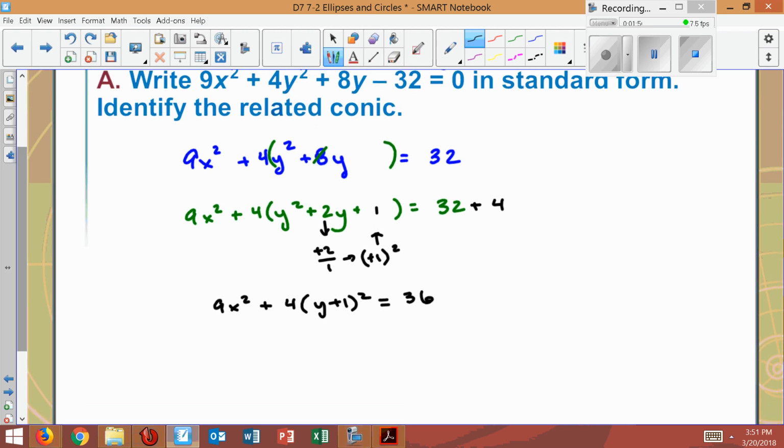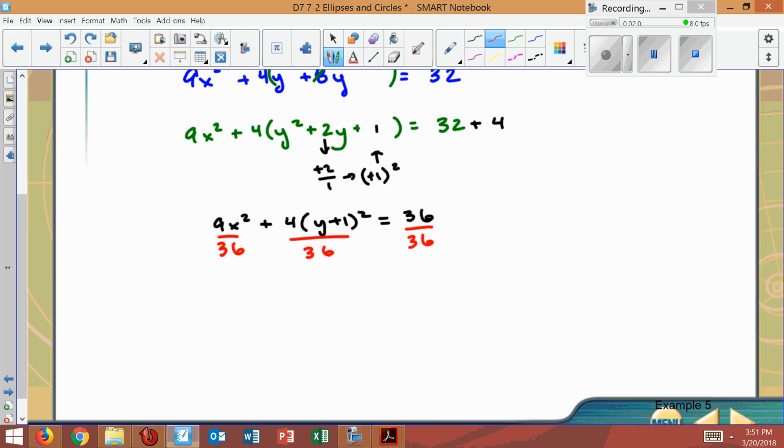So now, how do you get it in the form of a circle? Or rather, it says identify the conic. What you would then do is you take this number and divide. This is actually not going to be a circle. So this time when I divide by 36, what happens is I'm left with x squared over 4 plus y plus 1 quantity squared over 9 equals 1.